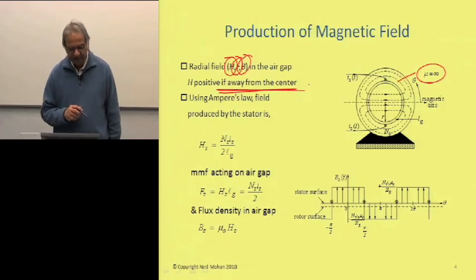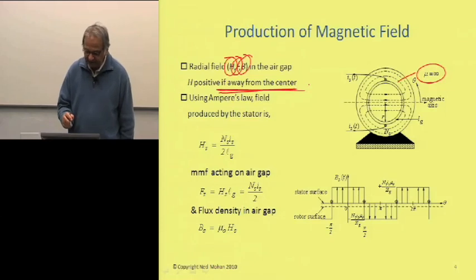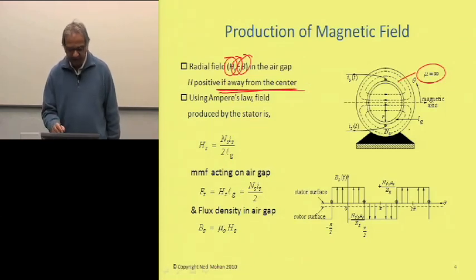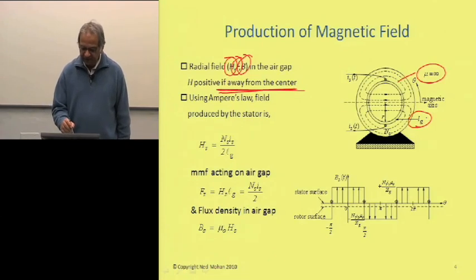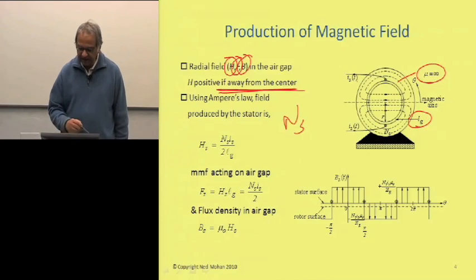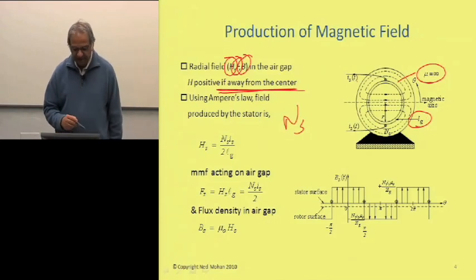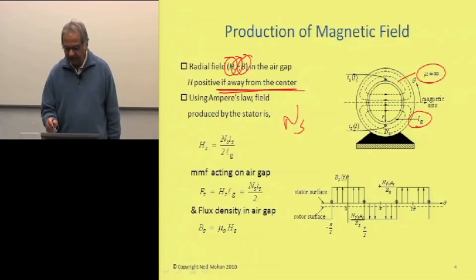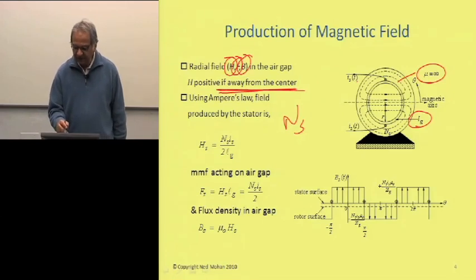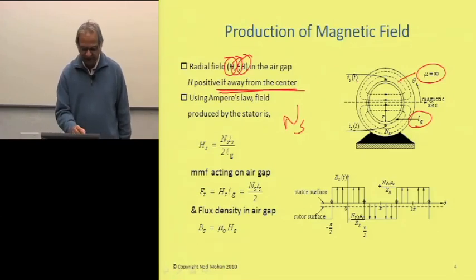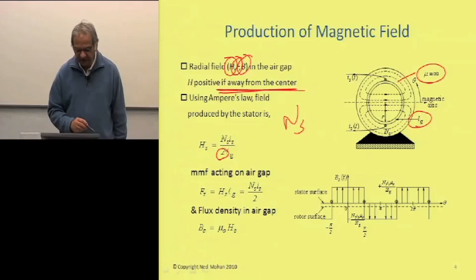So if you apply Ampere's law here, you can see that we only need to look at the air gap length, L sub g over here. So if you have N sub s number of turns, and I sub s is the current going into it, and you apply Ampere's law, this flux has to go through the air gap twice, so this factor 2 comes in over here.